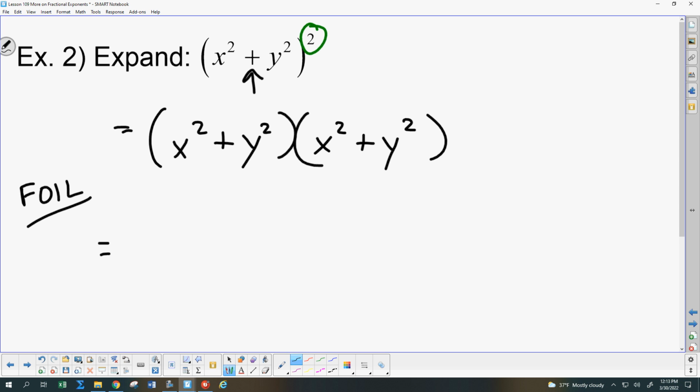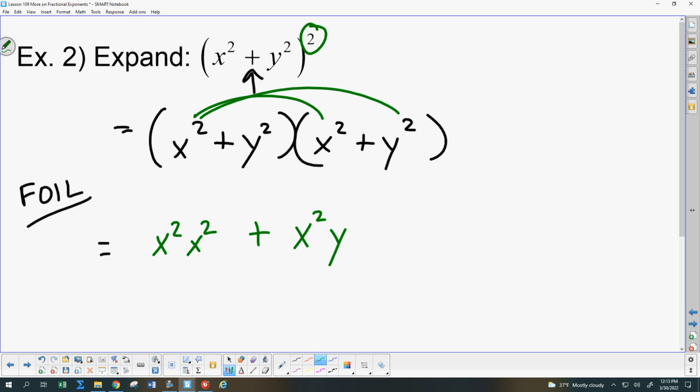So what I would be thinking first is F times F. I have x squared times x squared. Then I have x squared times plus y squared. So I have plus x squared y squared. So I've done F and O. Now inside times inside. I have plus y squared times x squared.